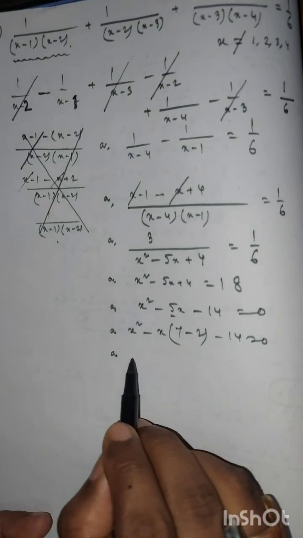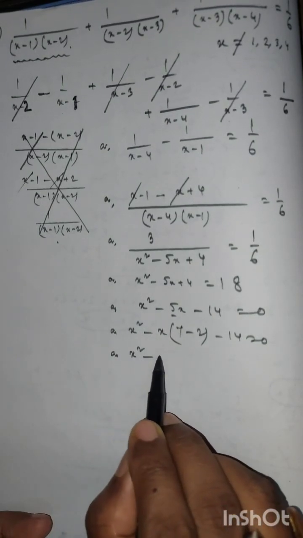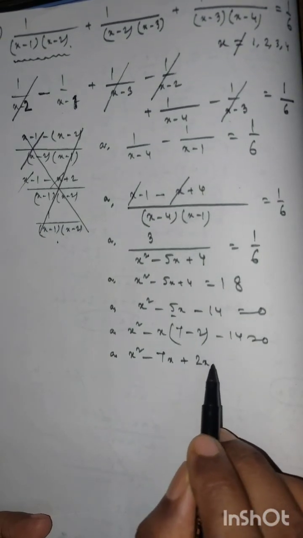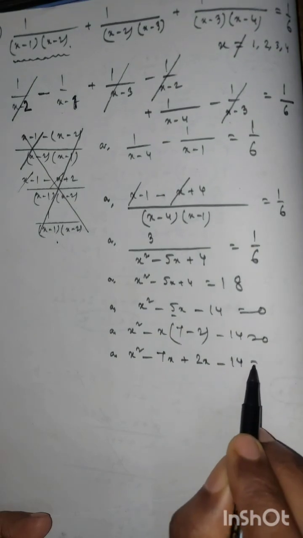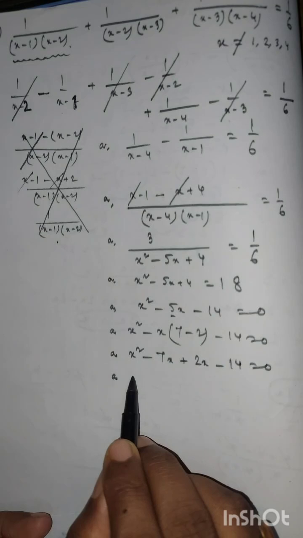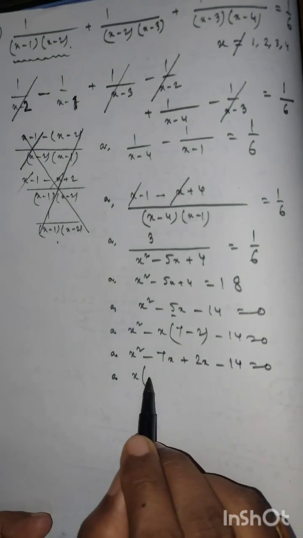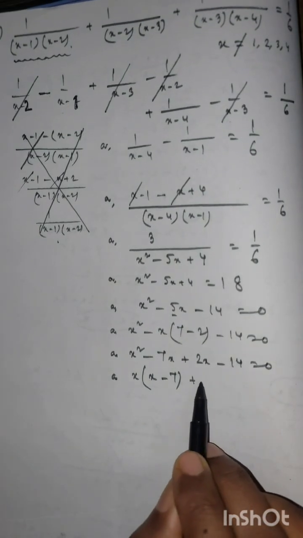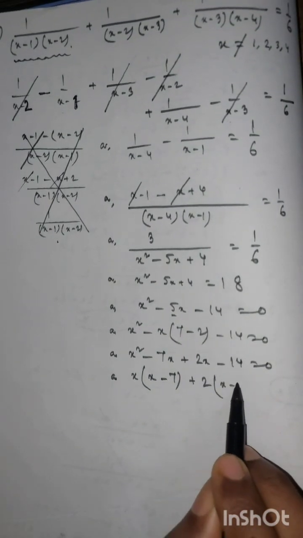Taking x as common and taking 2 as common.